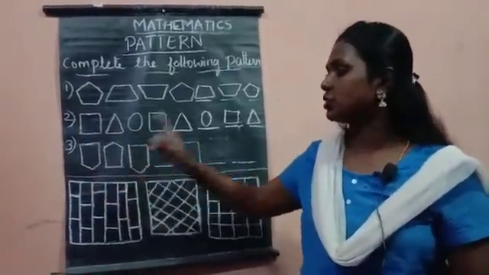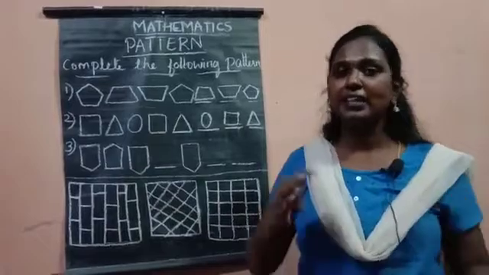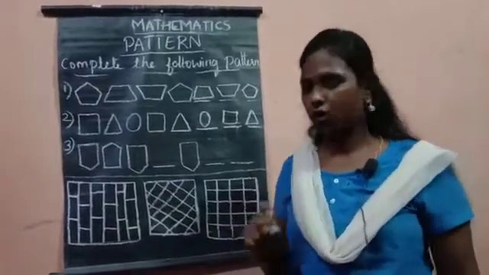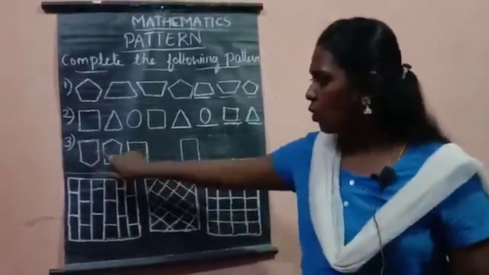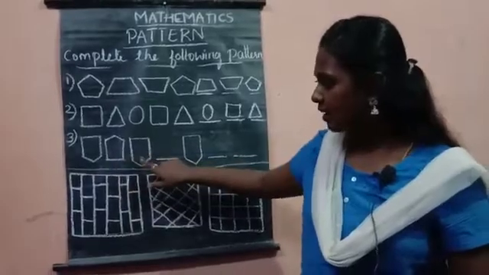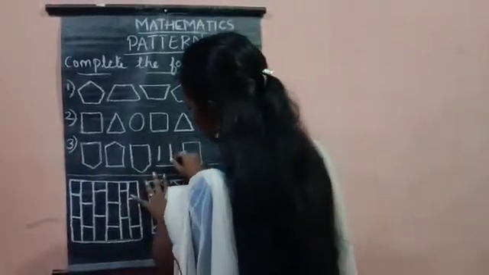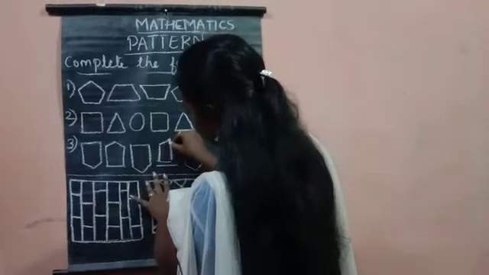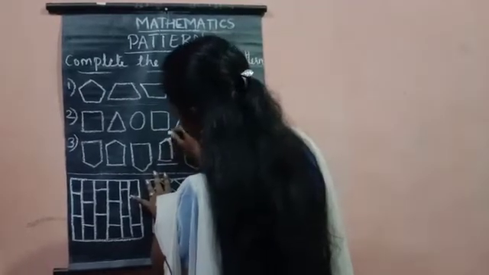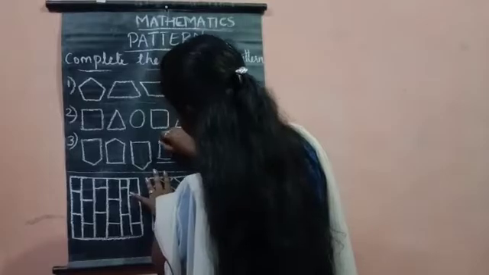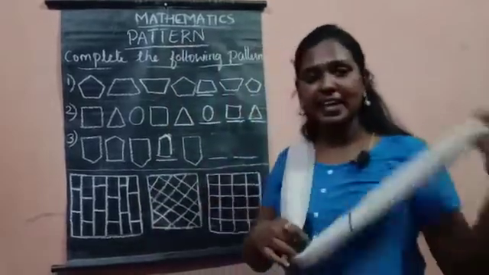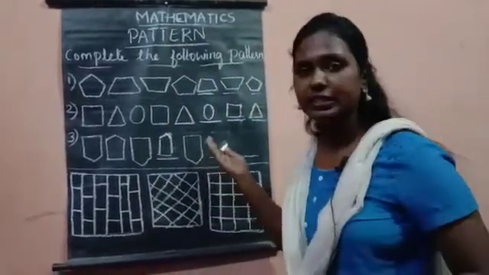Here is one shape that is written in the reverse order. So, here you have one, second and third. Again you have to write this shape. So, the next shape is already given here.